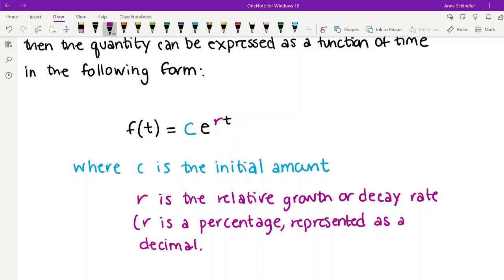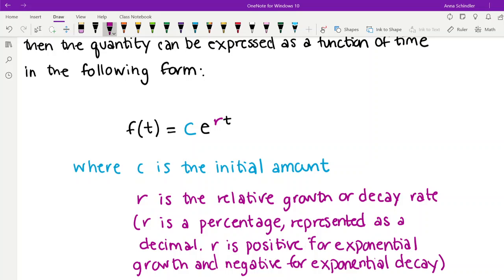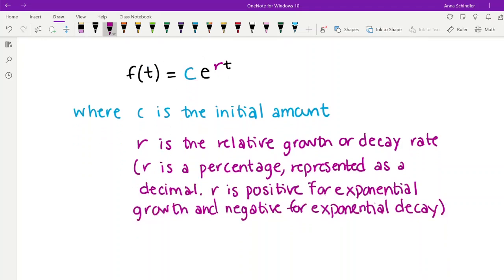And then the other thing that we need to know is that r is positive for exponential growth. And it's going to be negative for exponential decay. And we'll see examples of this, and that I think will help you to see why that's the case, why it has to be negative if we're talking about decay.